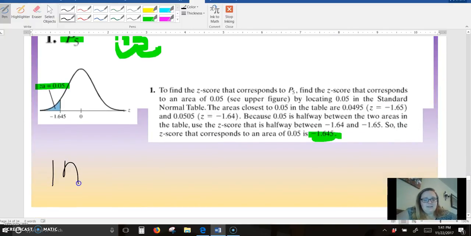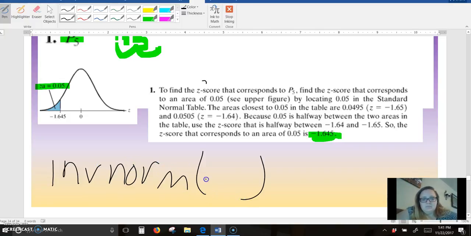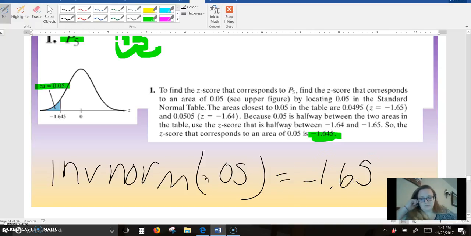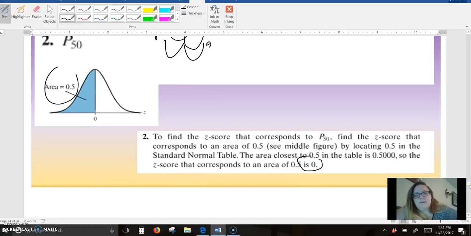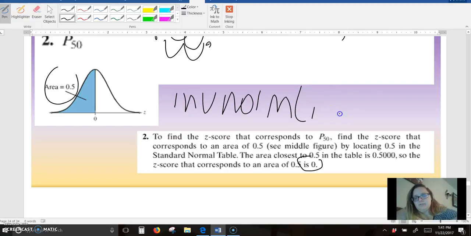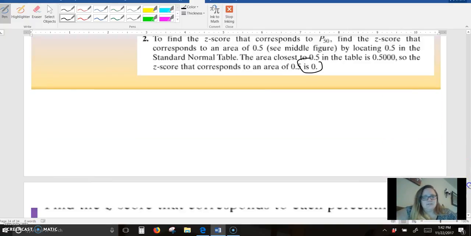So inv norm 0.05, we got negative 1.64. Right, inv norm, and we did 0.5. We still got 0.